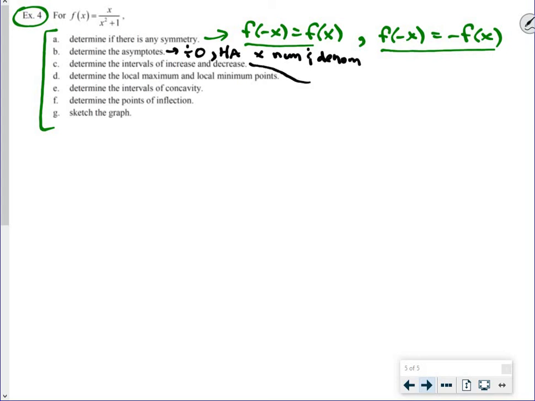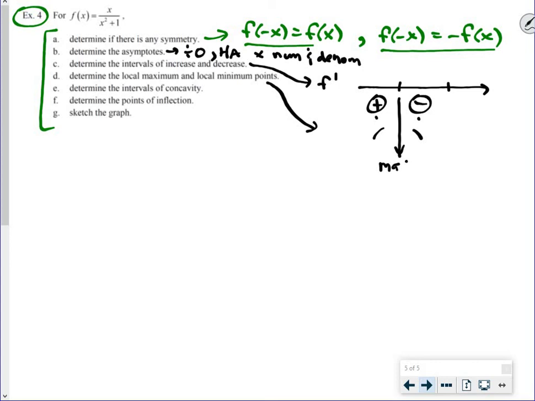Intervals of increase and decrease, you're going to go find f prime and then set up your intervals, right? Find any points where the first derivative is 0. Max and mins happen, so for example, suppose you have that where the slope goes from positive to negative, that means there's going to be a max there.